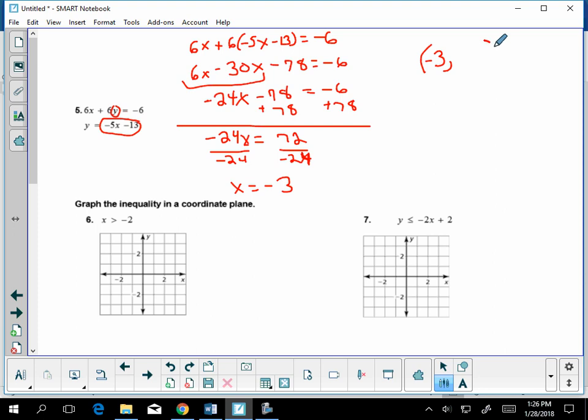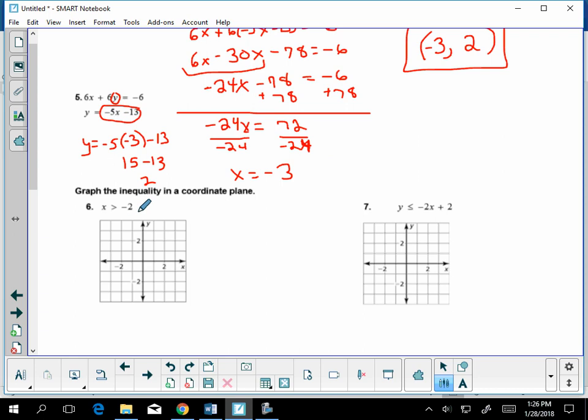I need to know the y coordinate. I'm going to plug it into that second equation. So y equals negative 5 times negative 3 minus 13, which would give me 15 minus 13 is 2. So my answer is negative 3, comma 2.